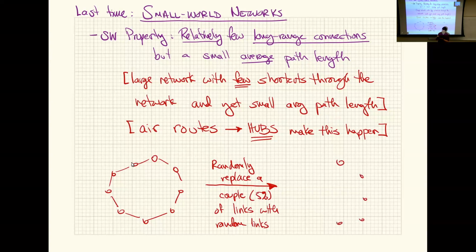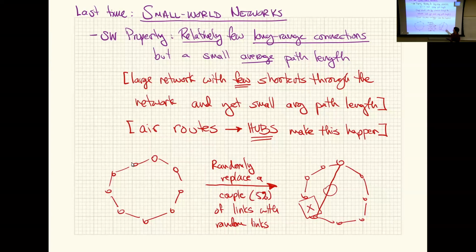Maybe I'll just draw the whole thing again. And so maybe it looks mostly the same, but maybe the link that used to be here, you get rid of, and you randomly create a connection that goes to some other random node, like this one over here. And so now you've killed this link and you've introduced this link.